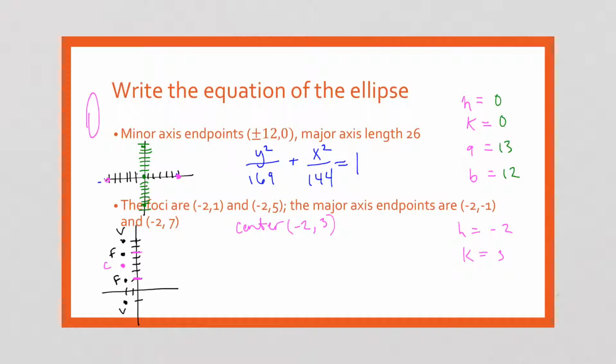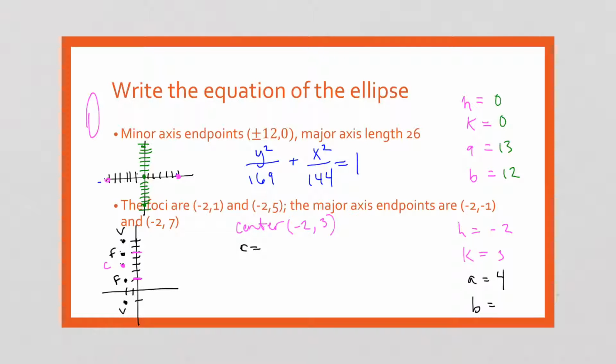So from -2, 3 to -2, 7, that's a distance of 4. So A equals 4. B is going to have to come from a Pythagorean relation. Now remember, my foci gives me C. So C is the distance from the center to the foci, which is 2.